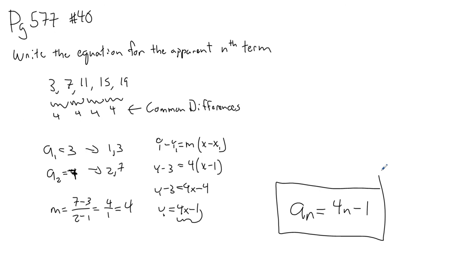Let's see here. What else do I want? Find the sum. We did one of those. Oh, let's do a factorial one. Let's do one that's got factorials. Okay, I'm doing this as my last one on the page. Let's see here. Number 64 on page 578.